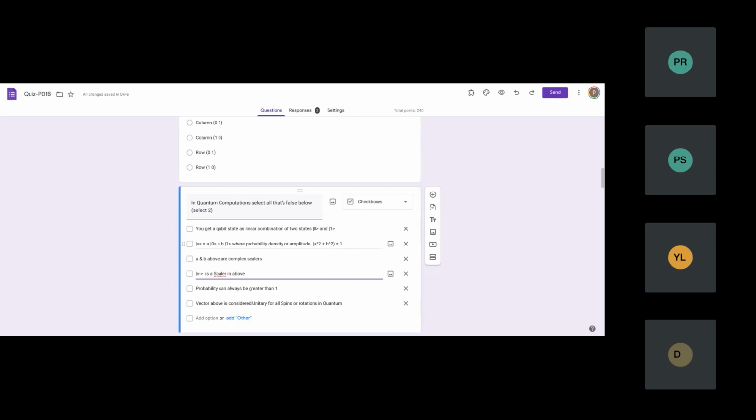So in quantum, any vector of unit length rotates around the circle, let's say in xy or xyz, whatever we take. It keeps rotating in the xy plane, yz plane, whatever plane.